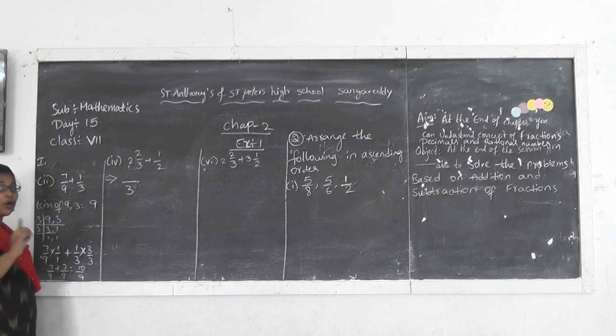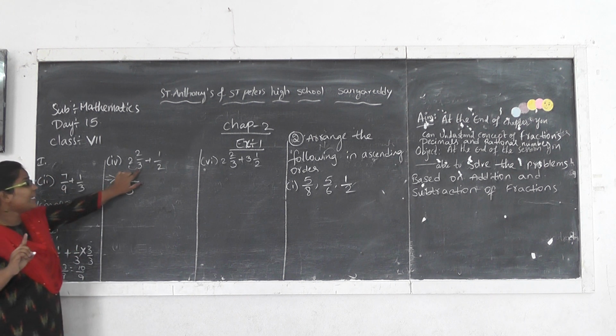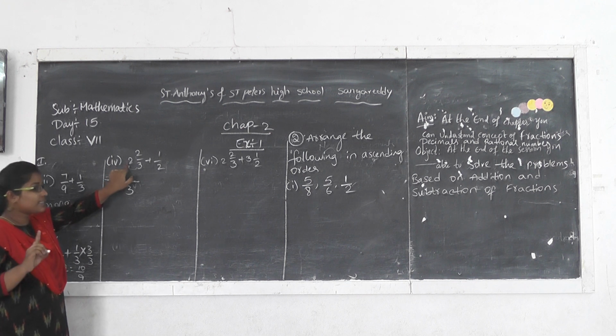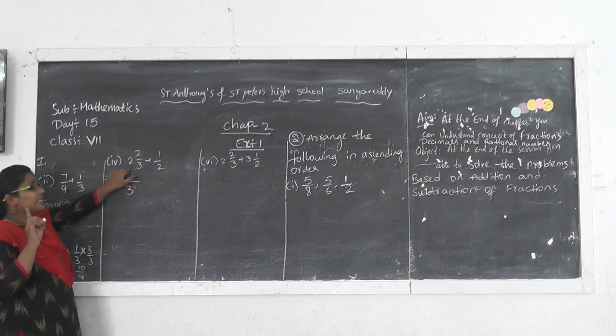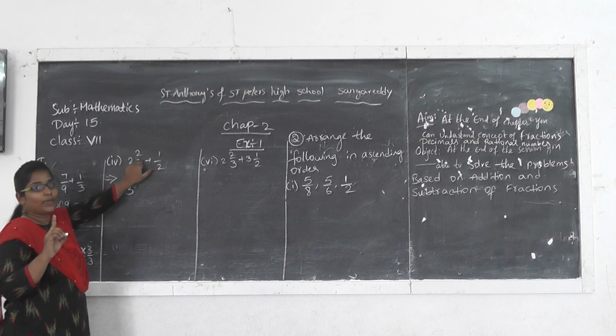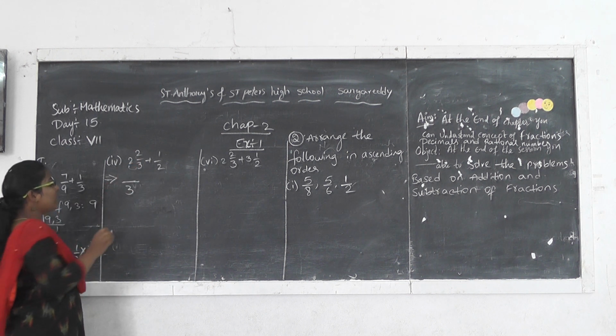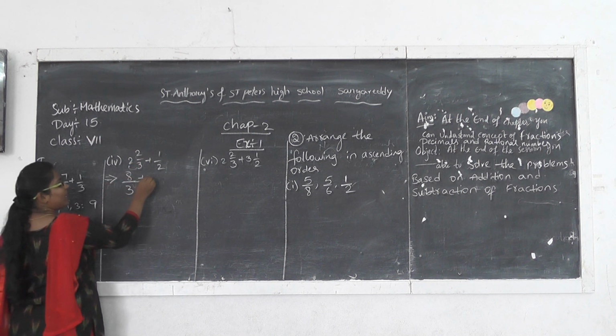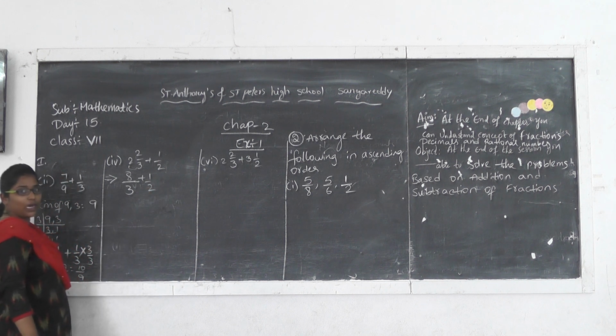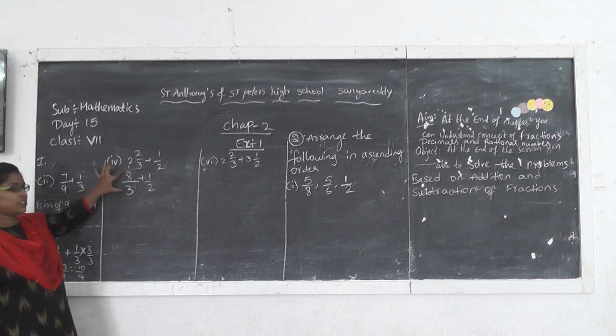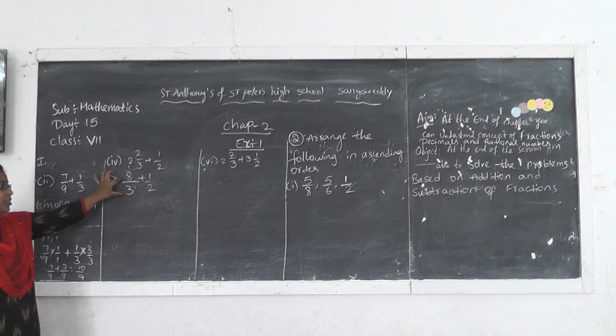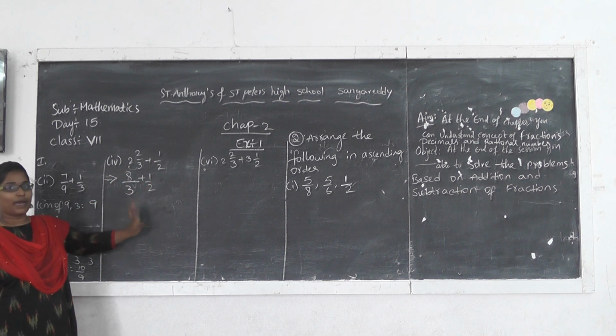Multiply the denominator with the whole number part. 3 2s are 6. That 6 we add to the numerator. 6 plus 2 is 8. So 8 by 3 plus 1 by 2. Are you clear? We convert the mixed fraction into an improper fraction.